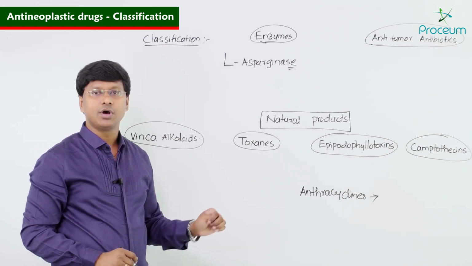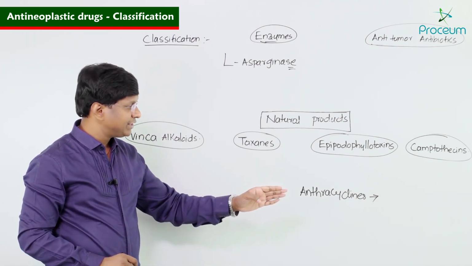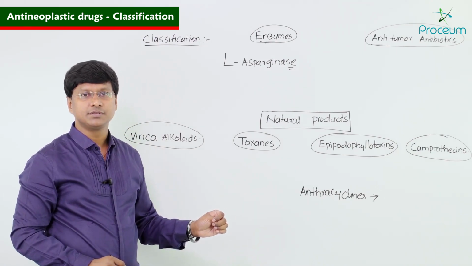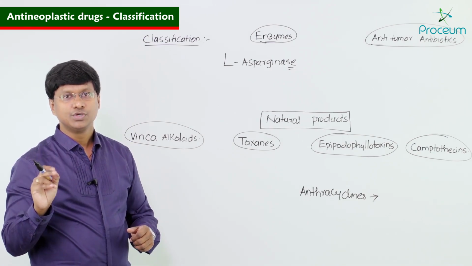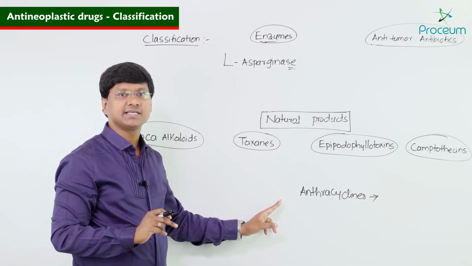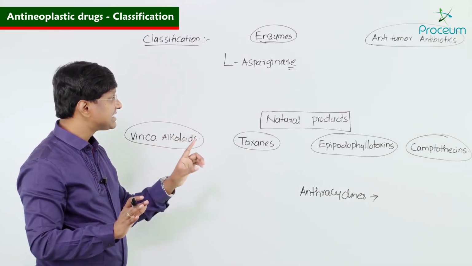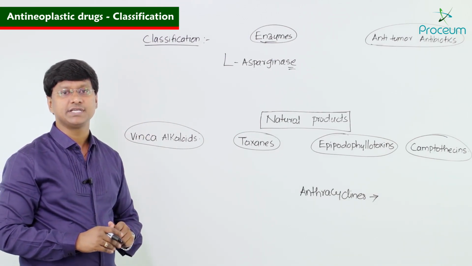They include daunorubicin, doxorubicin, epirubicin, idarubicin, and mitoxantrone. So these are your anthracycline group of the anti-tumor antibiotics. So this completes the natural products which are acting as the antineoplastic drugs.